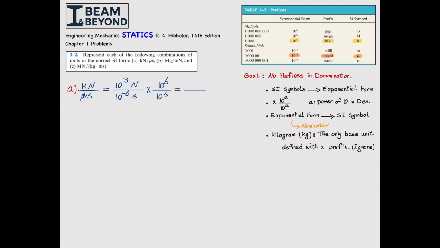So this 10 to the power of -6 and 10 to the power of 6 cancel each other out, and at the top we'll have 10 to the power of 9 Newton over second. 10 to the power of 9 from table 1-3 is giga. So we'll have giga Newton per second.